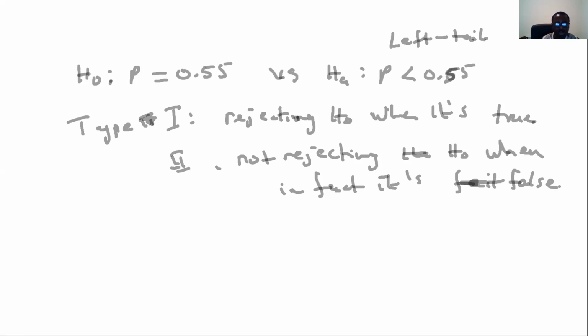Now, what is type 2? Type 2 is failing to reject the null hypothesis when it is false.